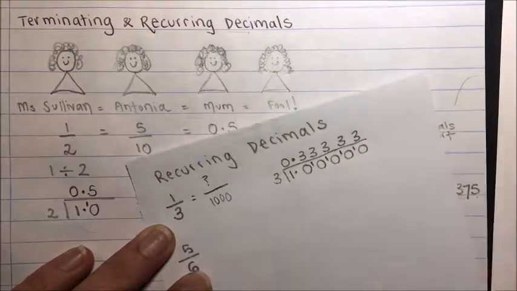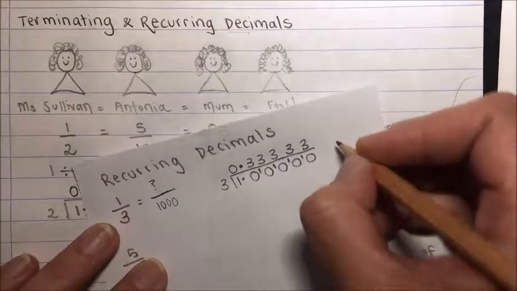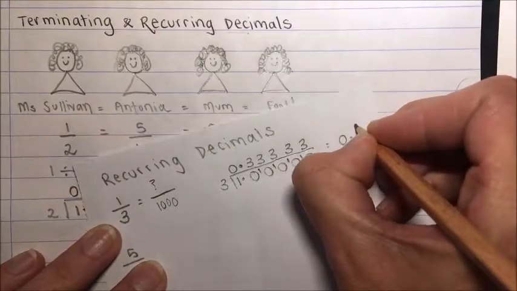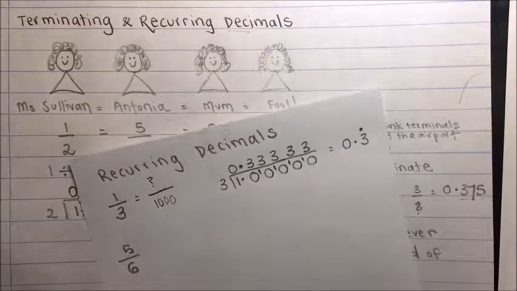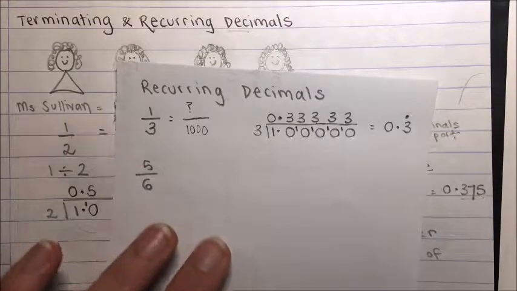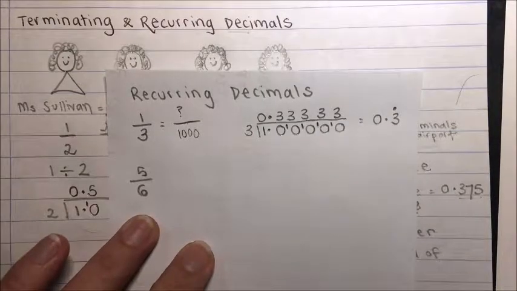And as you can see, it's going to continue on forever. So 1/3 equals 0.3 forever. That one little 3 is going to go on indefinitely. That's what we were doing in the little sneak peek from the last video.